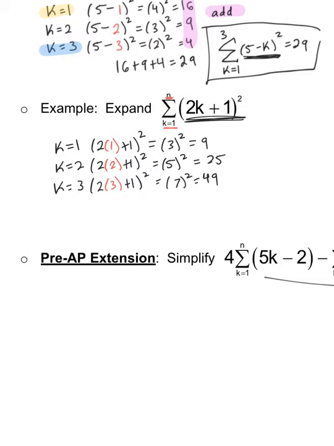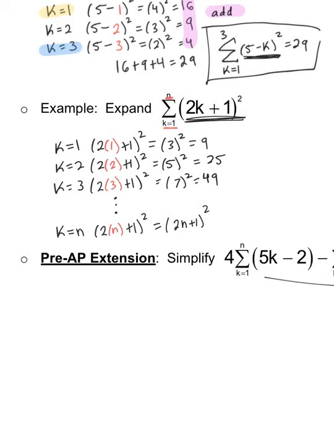And I could keep going on and on forever with this because my ending value is just a variable. It's not a number. So if k is equal to n, if k is equal to any other number that I want, I would replace k with n. Without the parentheses around the n, you would just have 2n plus 1, that whole thing squared.